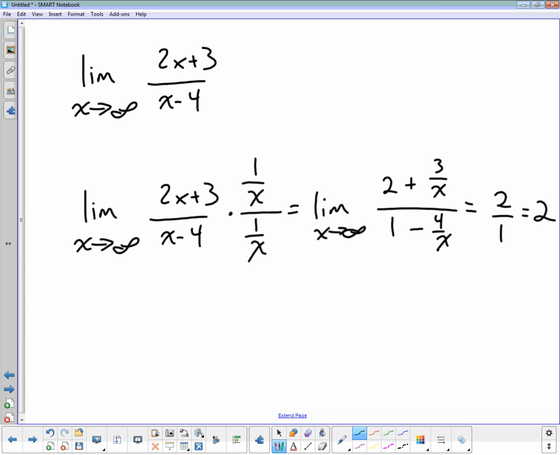So it should be there until you actually plug in infinity. And the second you plug in infinity, you've taken the limit, and the result is a number. Or it does not exist.